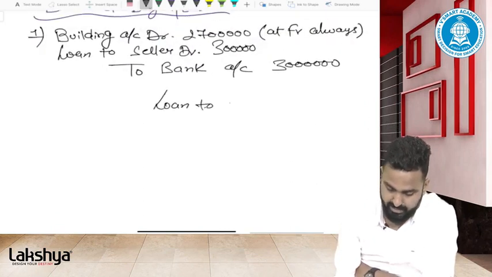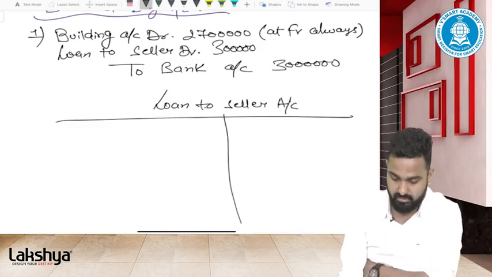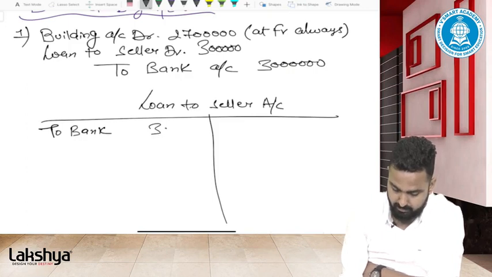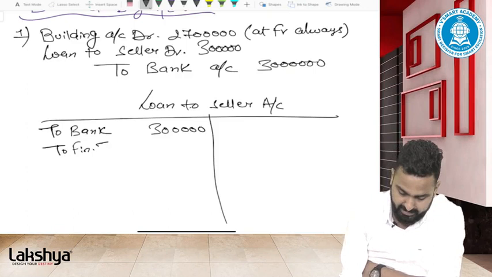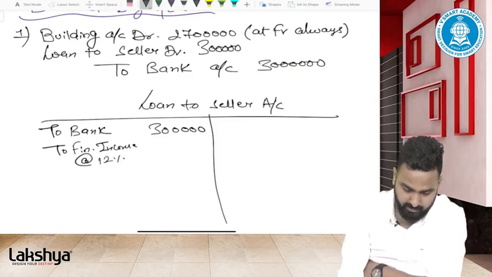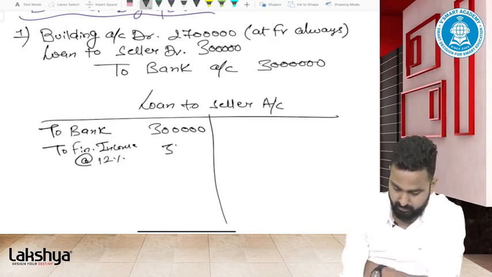Basically, loan to seller account will be recorded like: to bank 3 lakh, to finance income at 12%, 36 by bank.